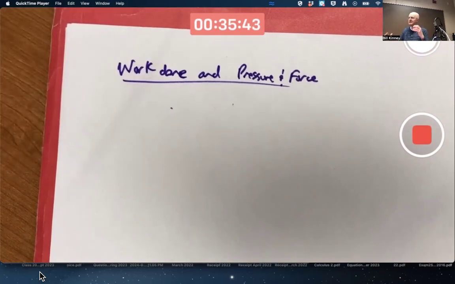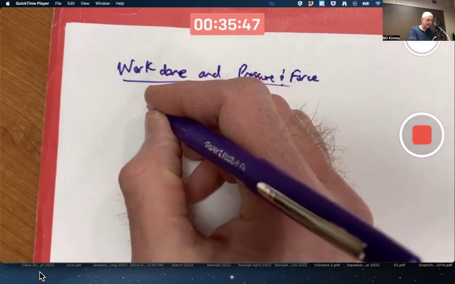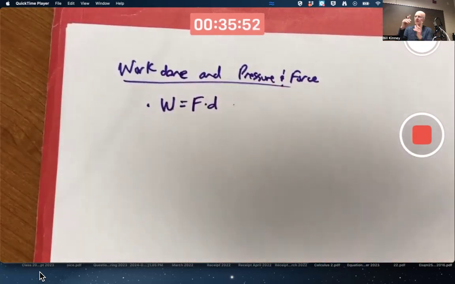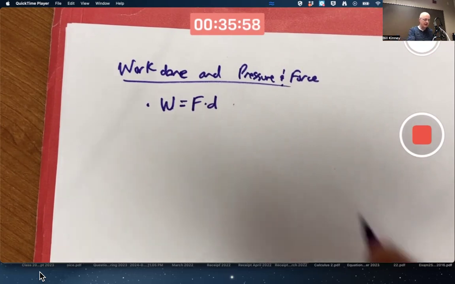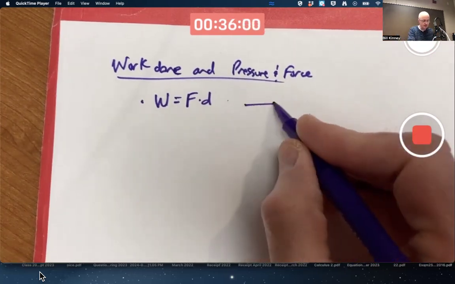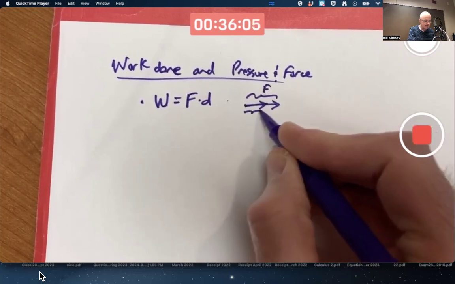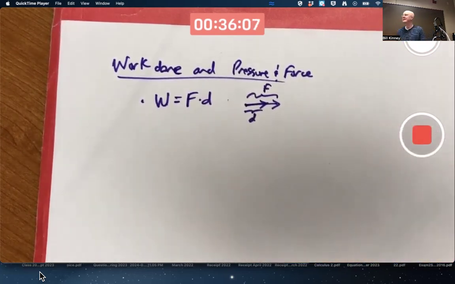So I don't have time to go into details, but just to remind you, in the simplest case, the work done by a force is just the force times the distance traveled if the force is in the same direction as the distance traveled. You could think of those things in terms of vectors if you like. Maybe this is F here and this is D there. The key thing is they've got to be in the same direction if you're going to use this equation.